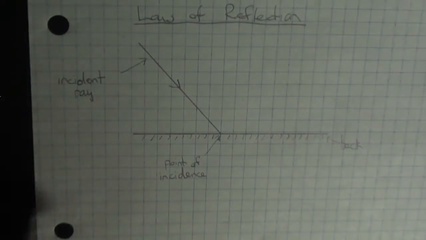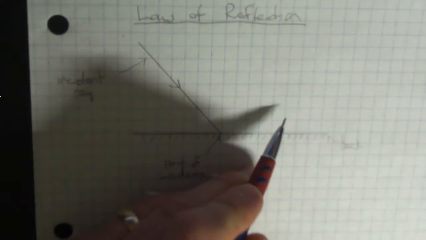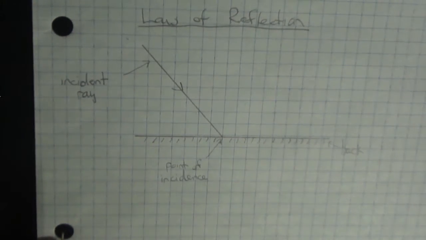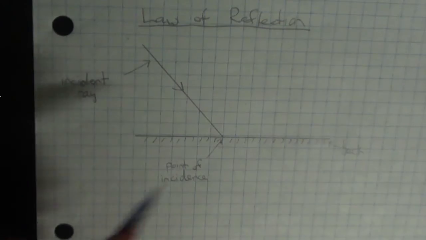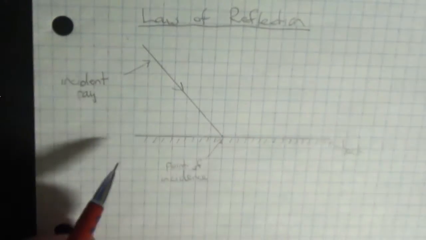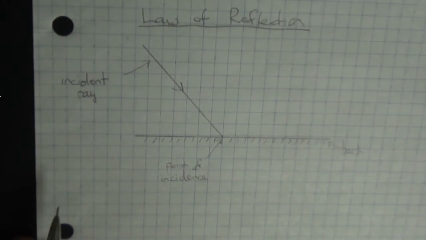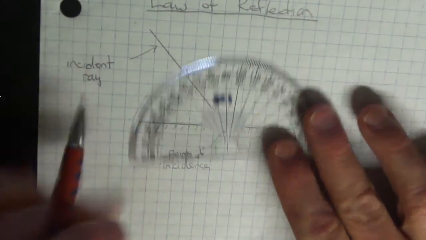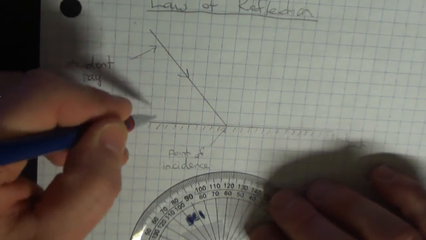Now, we want to draw a proper reflected ray. We've been told it's symmetrical, and it is. And we've been told, or we believe, that it's going to bounce out at the same angle it bounced in. Now you might think I could take my protractor and measure that angle right there.